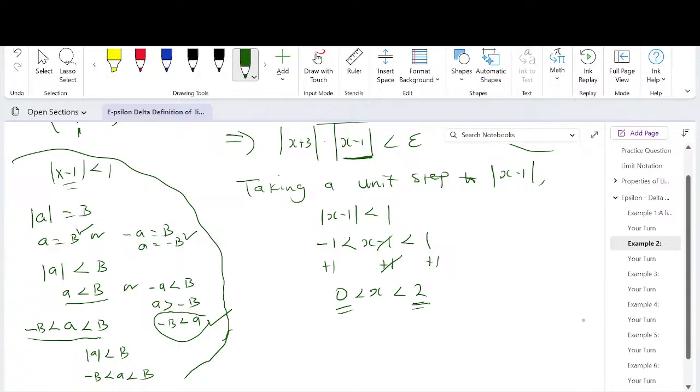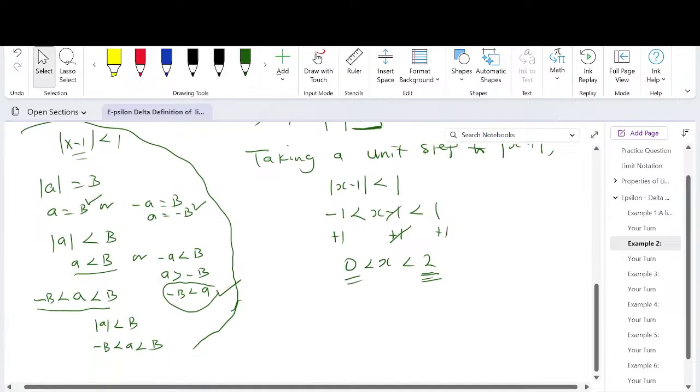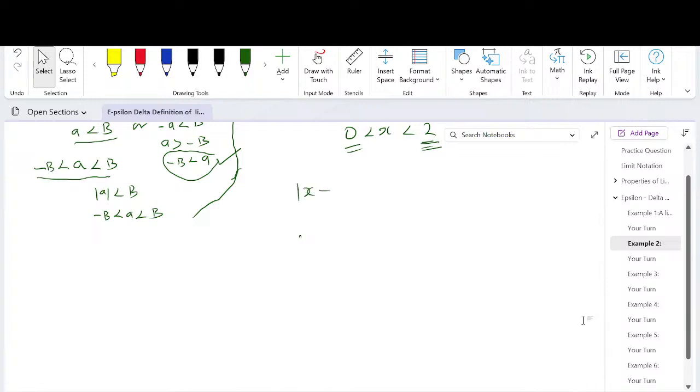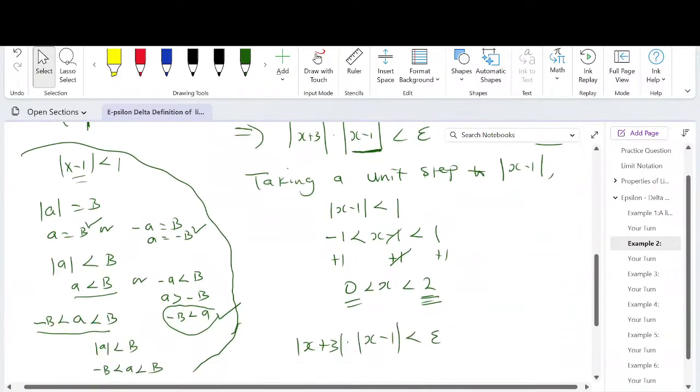Now I'll show you the reason I'm going to select 2. I will come back to this place. Let me write this now: x plus 3 multiplied by x minus 1 is less than epsilon. So we want to combine that: x plus 3, x minus 1.